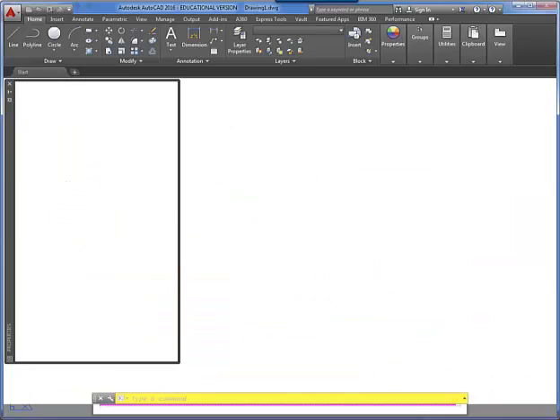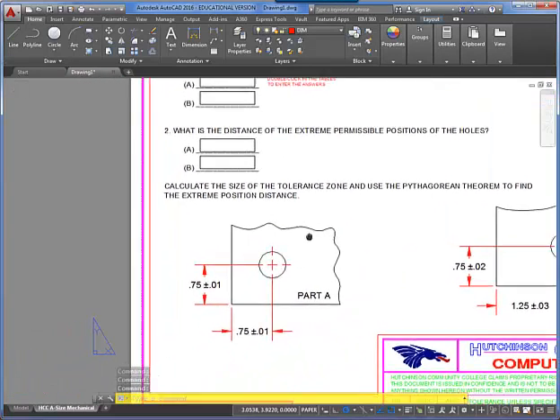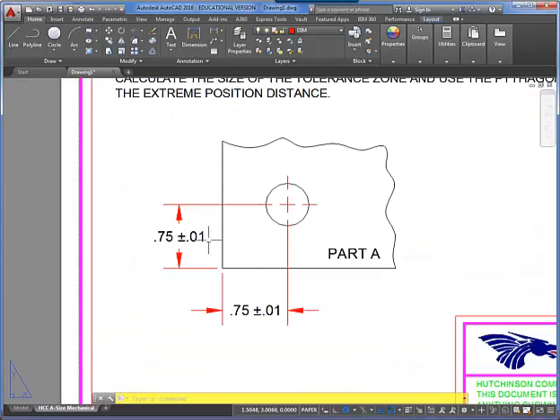The first one, you are to just give me some tolerance zones. So part A, we've got plus or minus 100th. So what would the size and shape of this tolerance zone be?